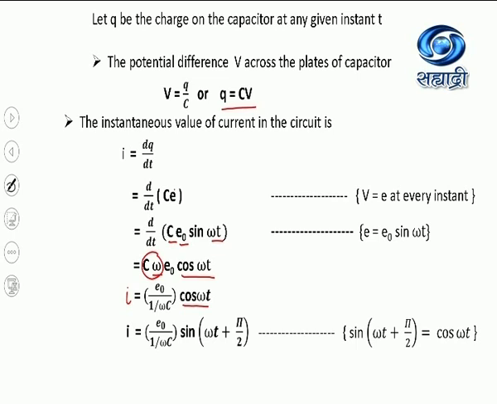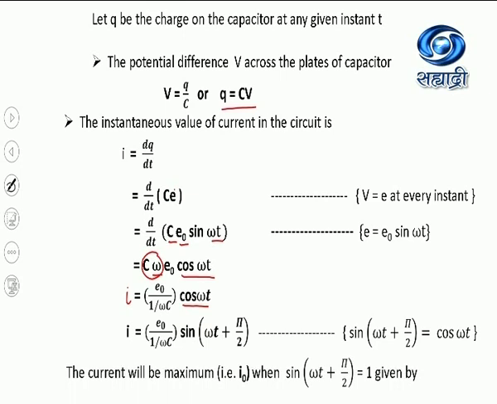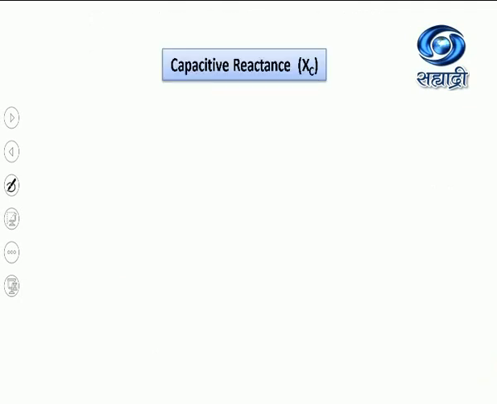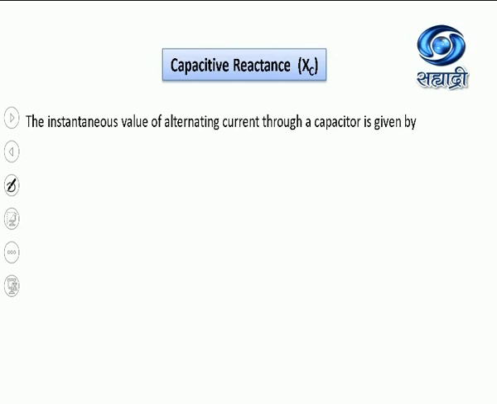So in this next expression we have just rearranged the terms. I = E0 divided by 1/ωC, and cos ωt is sin(ωt + π/2). So the current will be maximum, that is I0, when sin(ωt + π/2) is 1, and that will be given by I0 = E0 divided by 1/ωC. Now the concept of capacitive reactance.